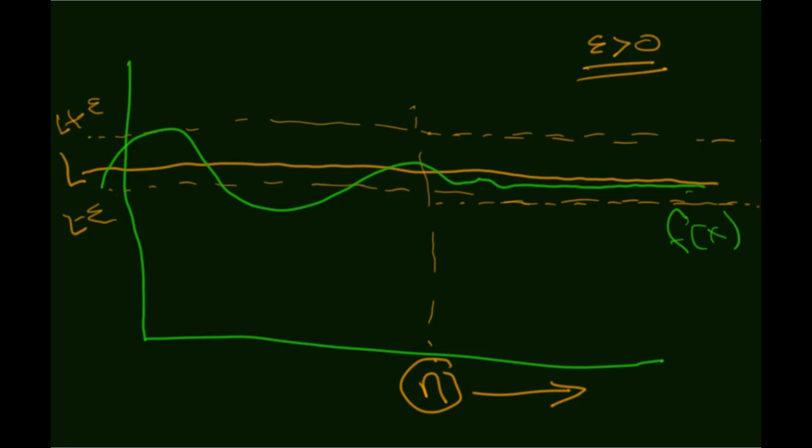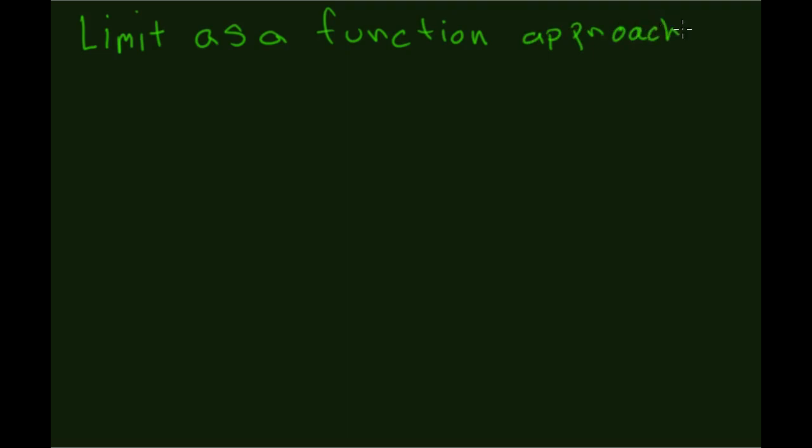Okay, so the second concept that we get here is the limit not as x goes to infinity, but the limit as a function goes to infinity. So now, instead of the x value going off to infinity, the function itself is.